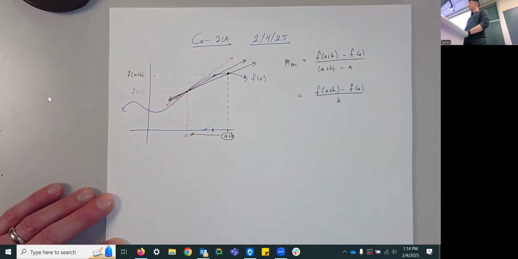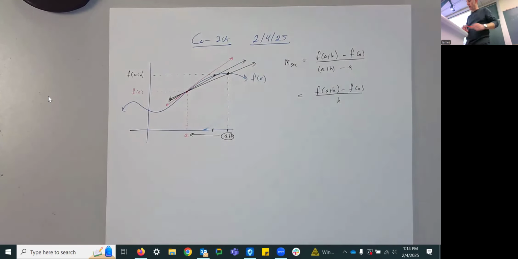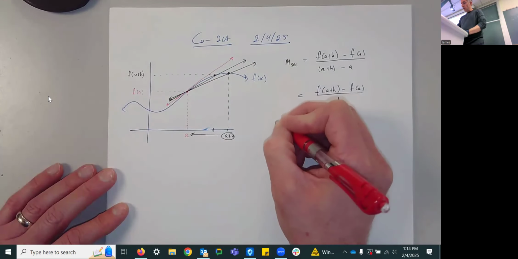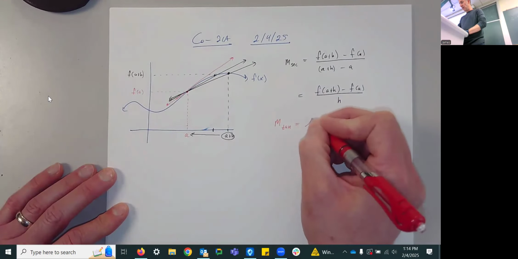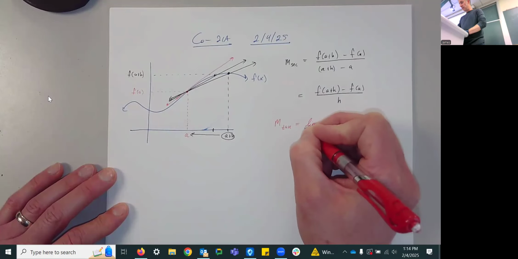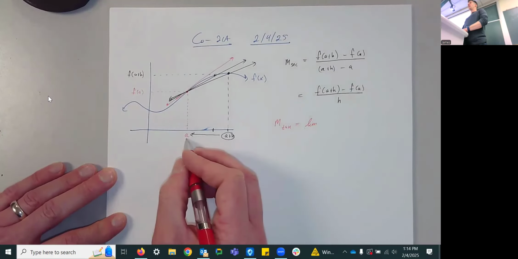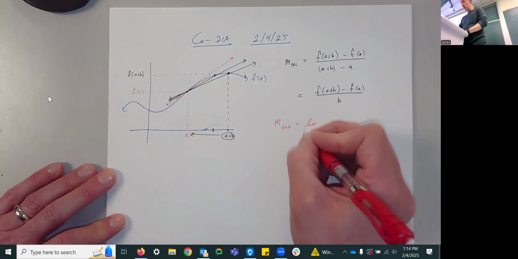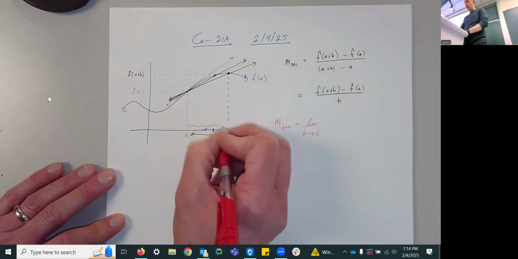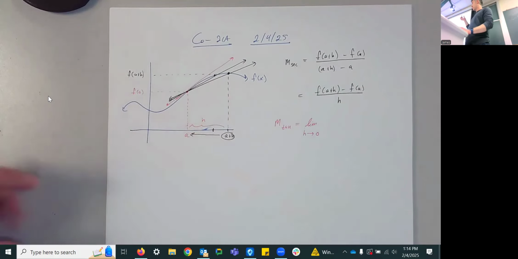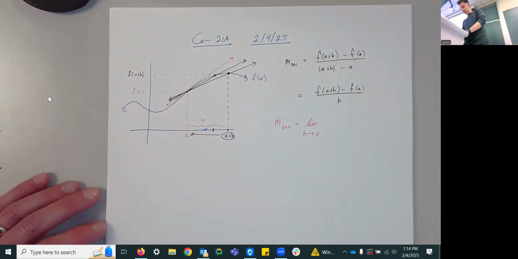And so the way we're going to do this is, in red here, the slope of the tangent line is going to be the limit as a plus h approaches a, or in other words, as h approaches 0, because that's what's happening. This distance h is getting smaller and smaller of this difference quotient.